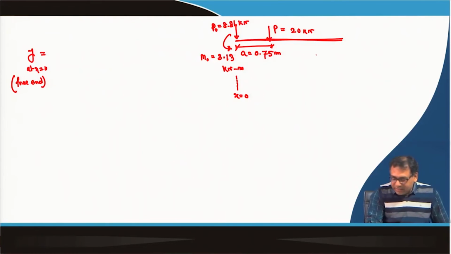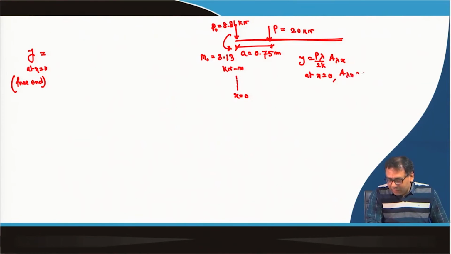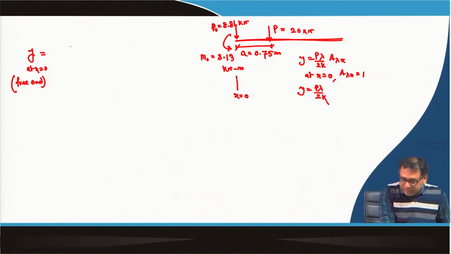So, that means the settlement due to P is P lambda by 2k into A lambda x. Now, at x equal to 0, A lambda x equal to 1. So, y will be P lambda by 2k. So, due to this P0, this will be P0 lambda by 2k.